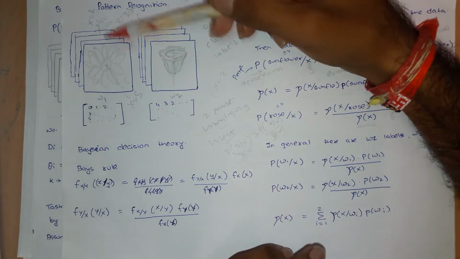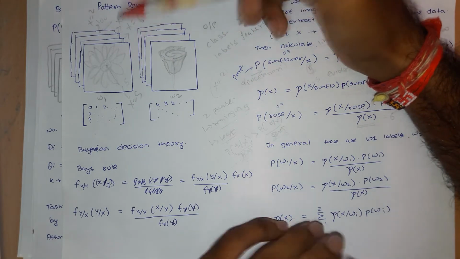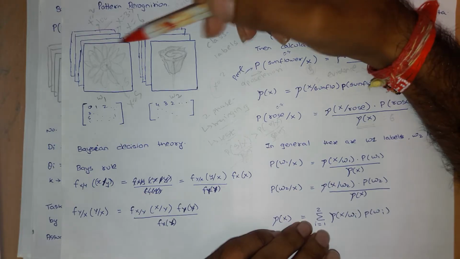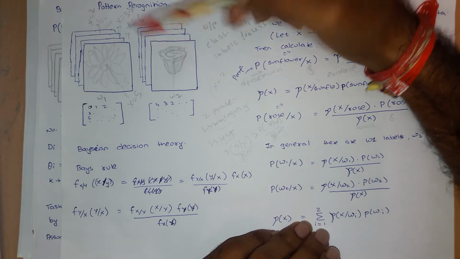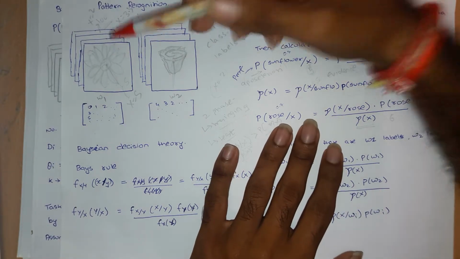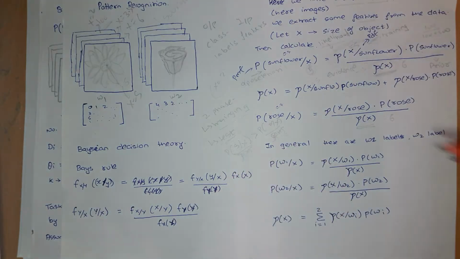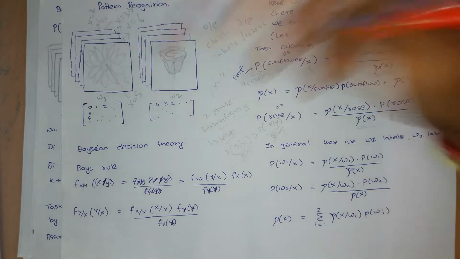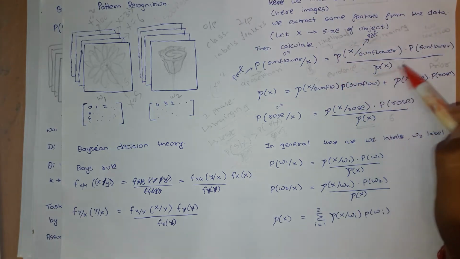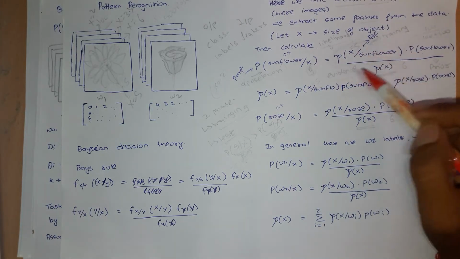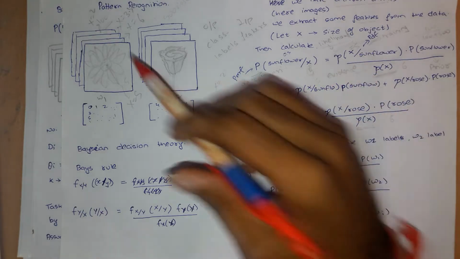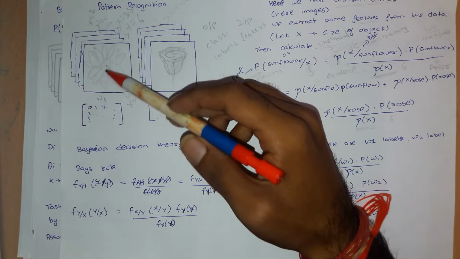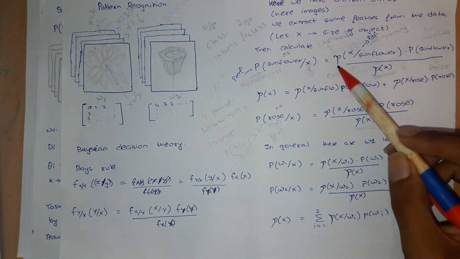We have only the data samples. In our example we just have these images, and we have to figure out from these images what will be the PDF of this likelihood.